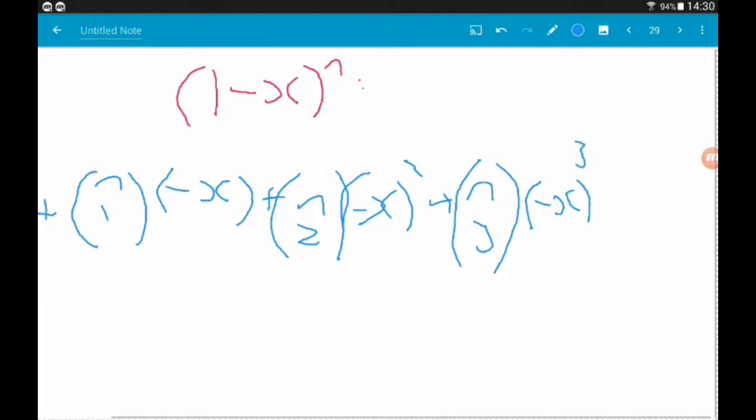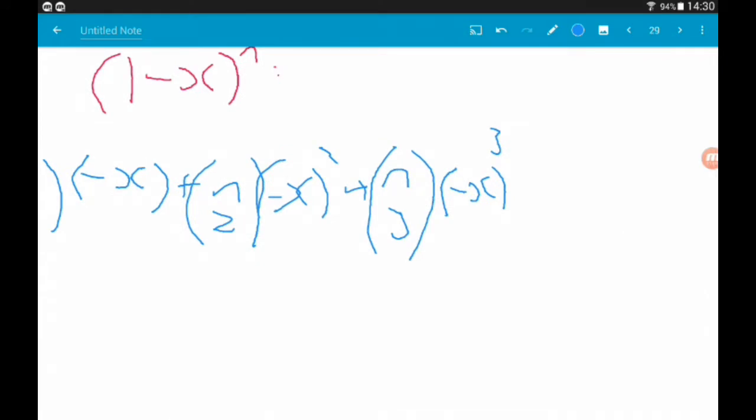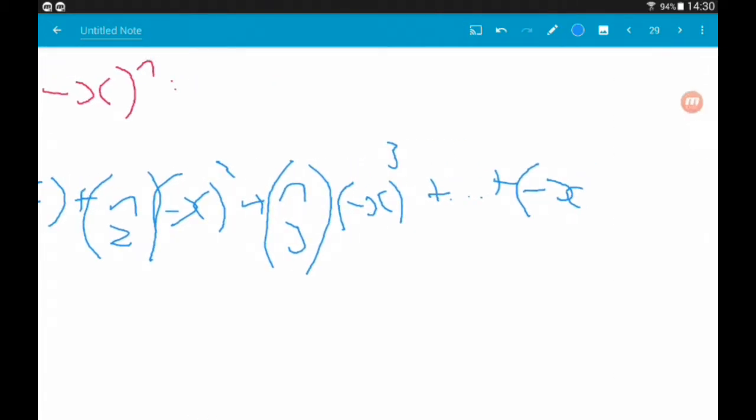And then this pattern is going to continue. So we're going to have our plus, dot, dot, dot, and then plus all the way up to minus x to the power of n.